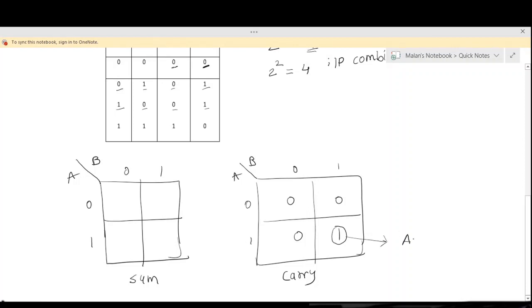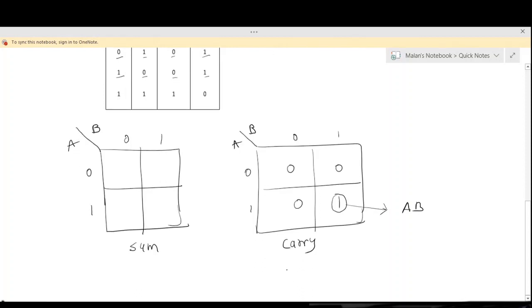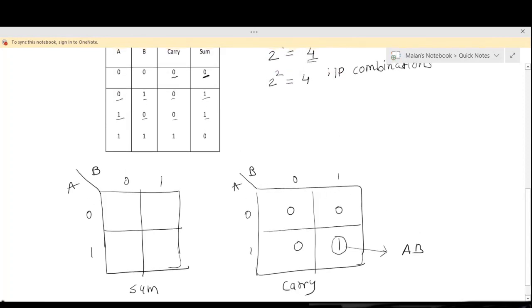This is A and B. So the expression representing the carry is equal to AB. Now we'll find the expression for the sum. The sum has the values 0, 1, then 1, 0. Try for pairs.